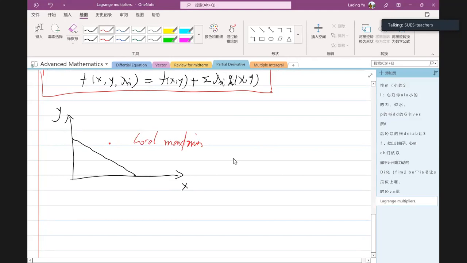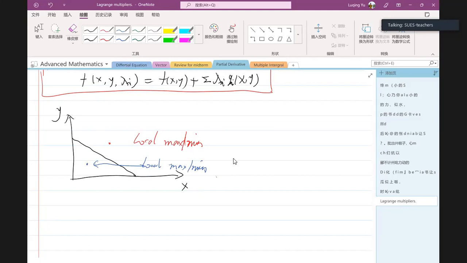So along this constraint works. However, what if the local maximum and the local minimum are here? Then the constraint doesn't apply to this local maximum and local minimum.